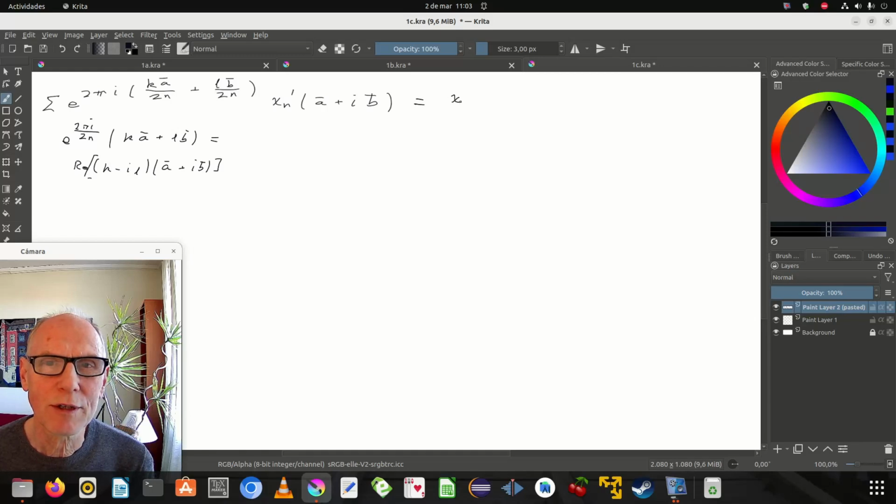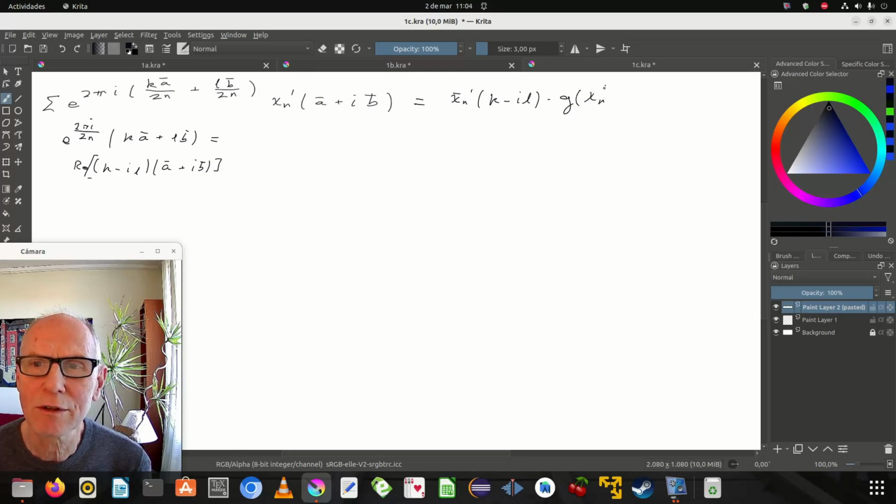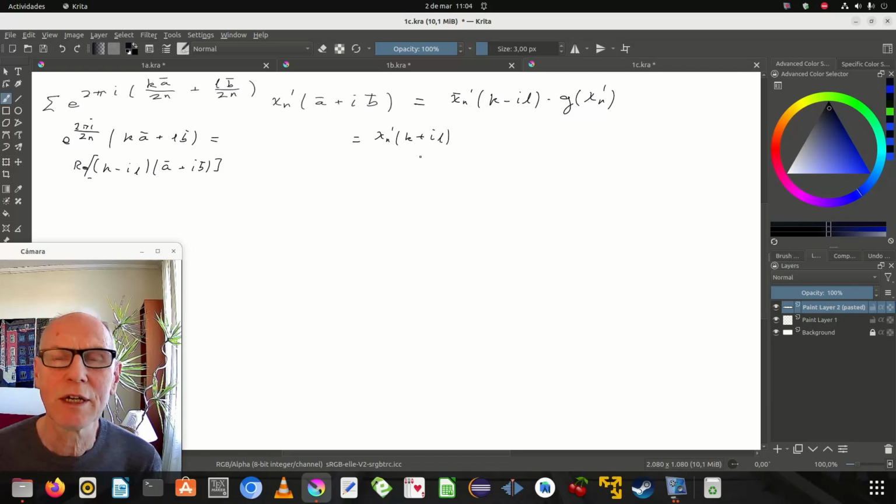So that means it's chi n bar of k minus il times, and then it just becomes g of chi n mark. And this is the same as chi n mark of k plus il, the conjugate.